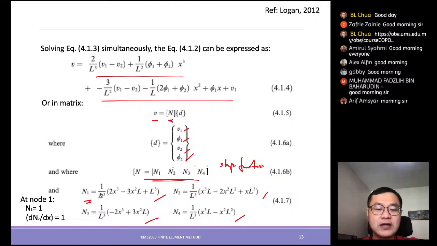Therefore we would find that N1 equals 1, whereas N2 equals 0. Eventually the summation of N1 and N2, as well as the others, should be equal to 1. That verifies that the summation of shape functions equals 1.